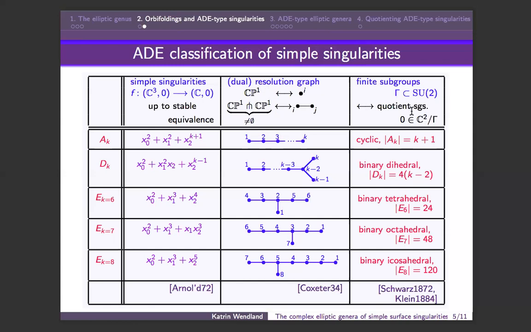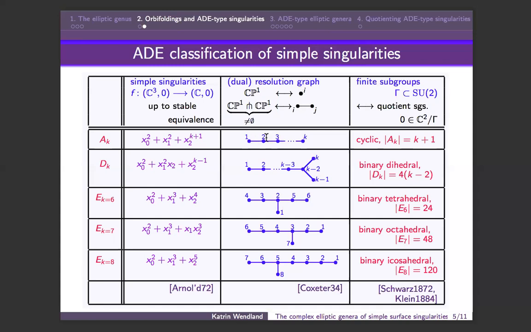And the form of this so-called exceptional divisor, that's the thing that you glue in instead of the origin to make the surface non-singular, is very well known and can be depicted by these Coxeter-Dynkin diagrams, which many of you probably know from the context of Lie algebras and Lie groups. So the same diagrams, the ADE type diagrams, and you can read them as follows.